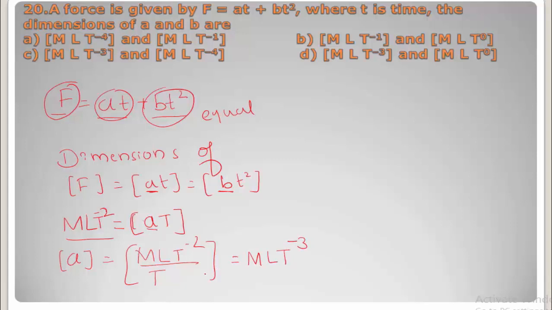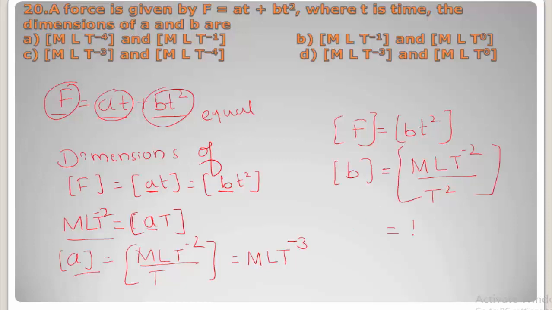So this is the dimension of A. Now similarly, dimension of F equals BT square. B equals, the dimensional formula for F is M L T raised to minus 2 whole divided by T square. Simplification, M L T raised to minus 4. The correct answer is option C.